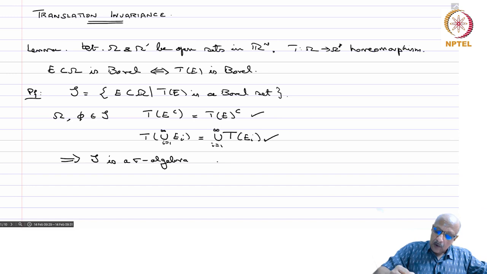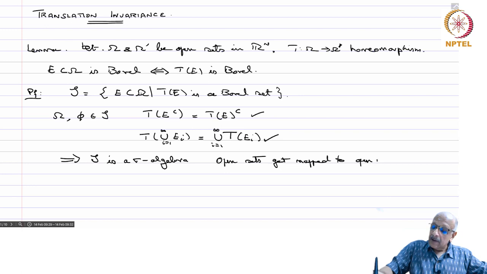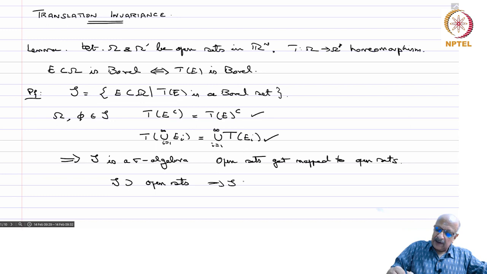And now open sets get mapped to open sets because T is a homeomorphism, and therefore S contains all open sets, which implies S contains all Borel sets.